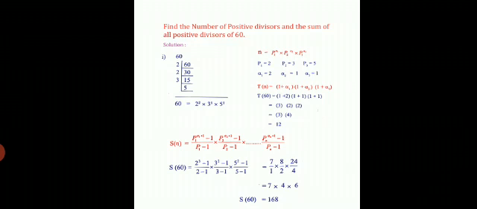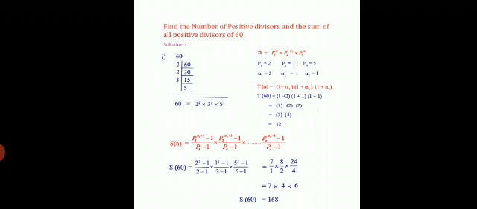That is equated to, here 2 raised to 3 is 8. 8 minus 1 is 7 upon 2 minus 1 is 1, into 3 square is 9. 9 minus 1 is 8 upon 3 minus 1 is 2, into 5 square is 25. 25 minus 1 is 24 upon 5 minus 1 is 4.